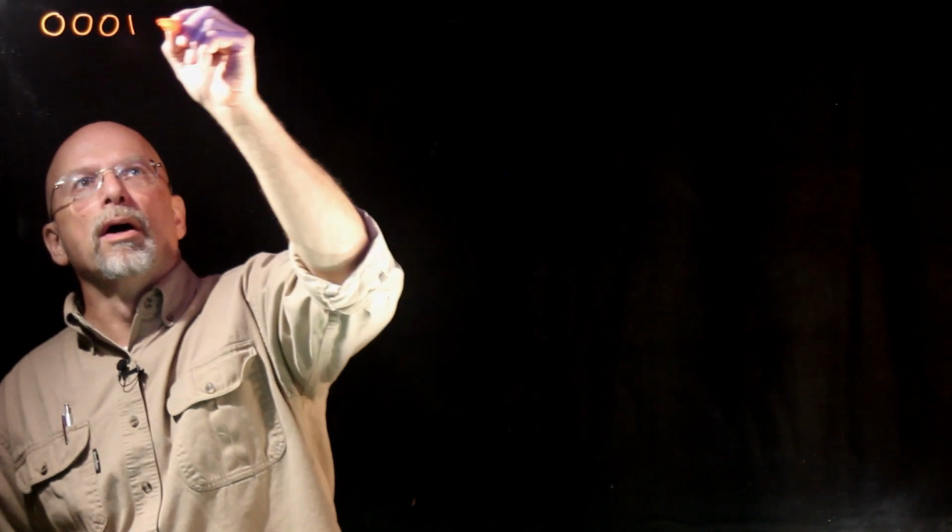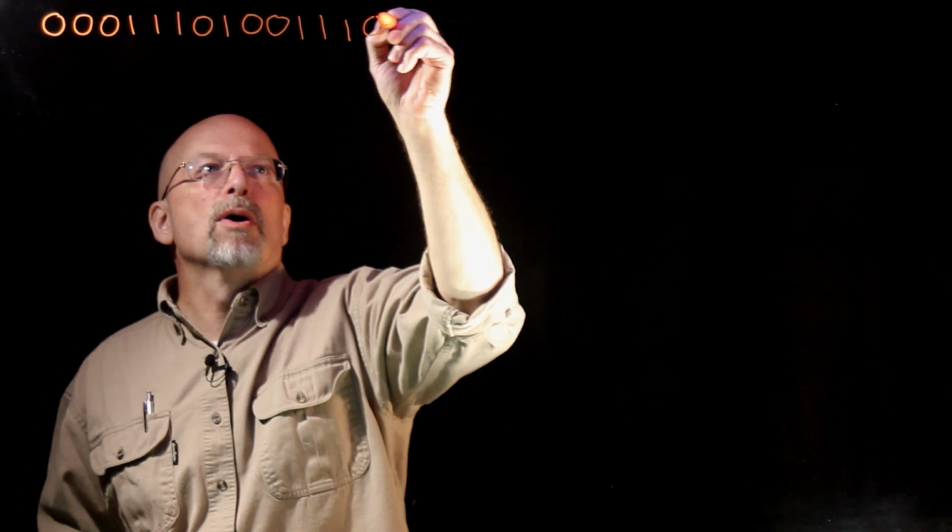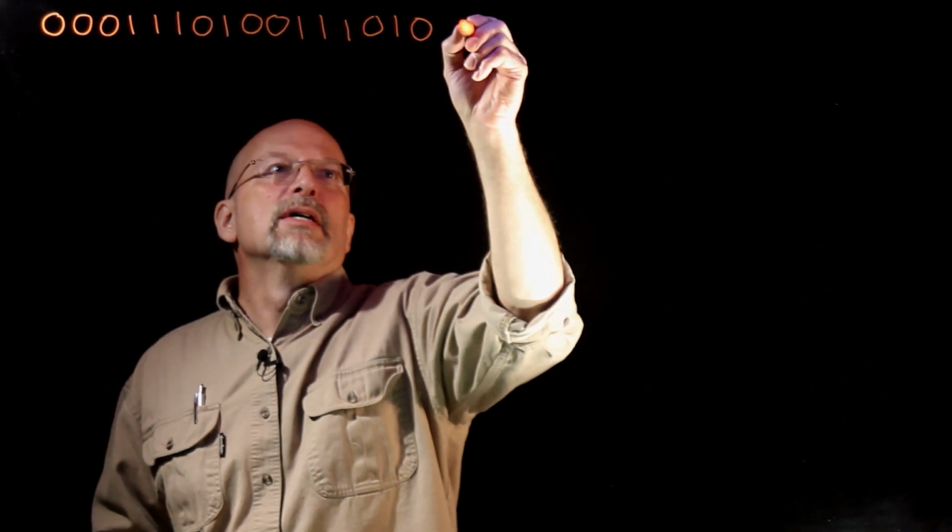Now, let's go ahead and come up with a 32-bit value. We'll just have 0, 0, 0, 1, 1, 1, 0, 1, 0, 0, 1, 1, 1, 0, 1, 0.